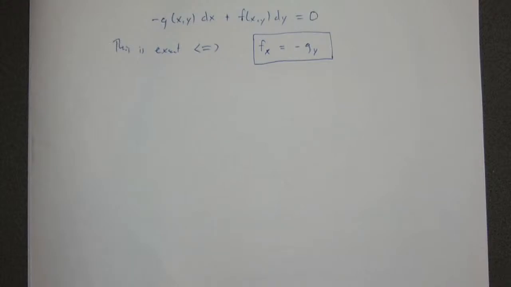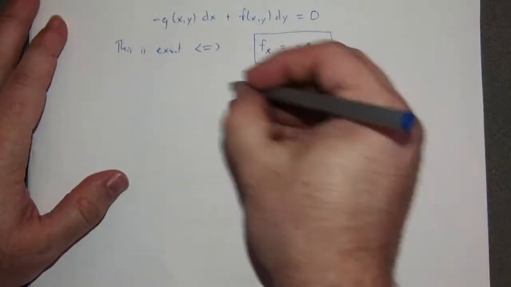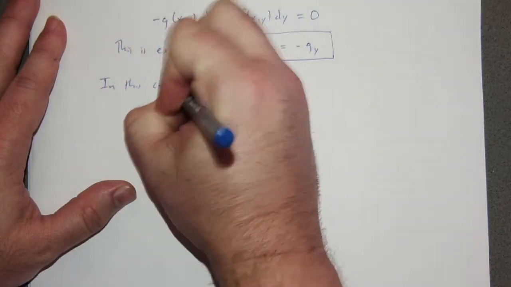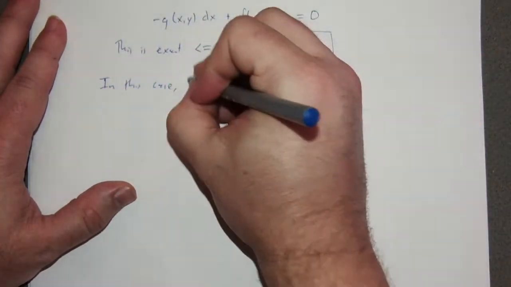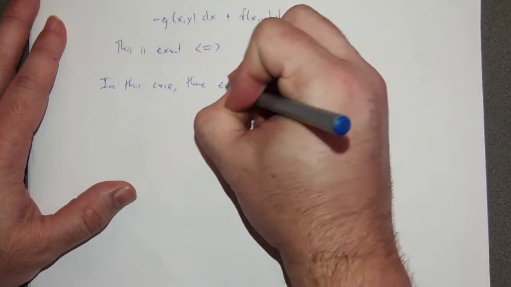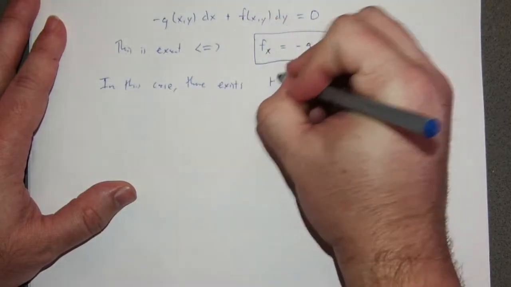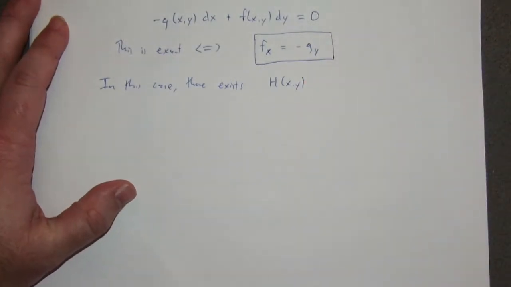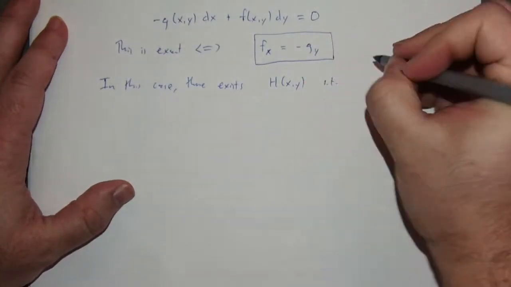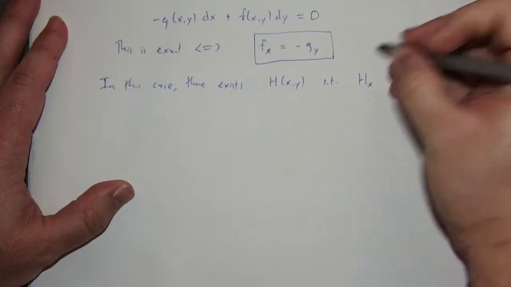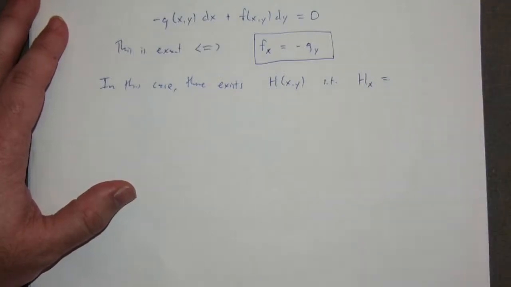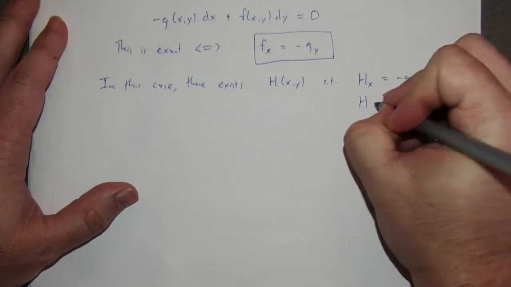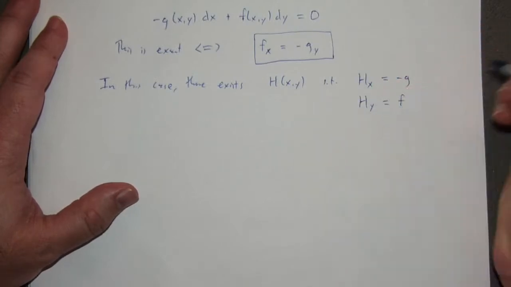So in this case, there exists an h of xy such that the x partial of h is equal to minus g, the y partial of h is equal to f.